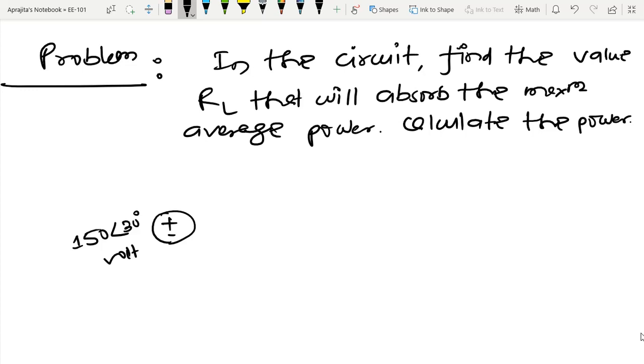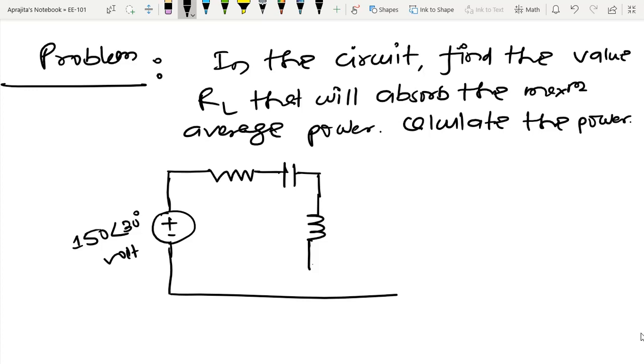Now I am going to see the load as purely resistance. This is our reactance, and draw one more element, that is another reactance. And now suppose this is our RL.